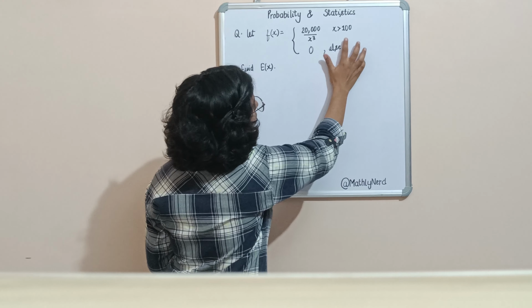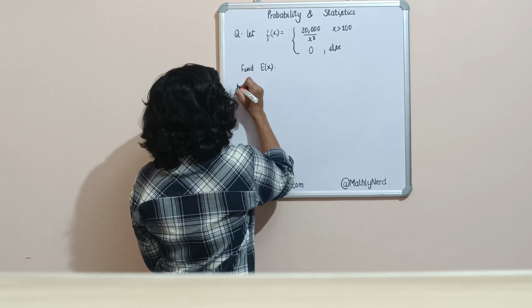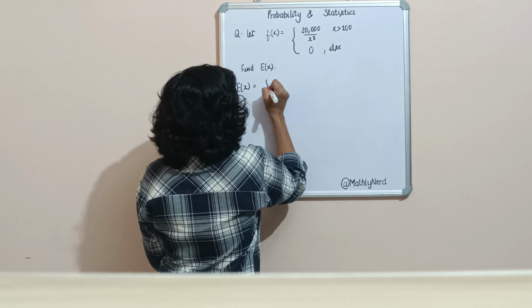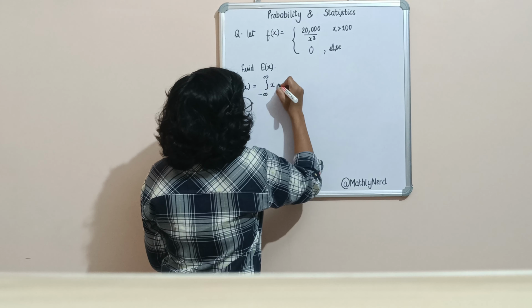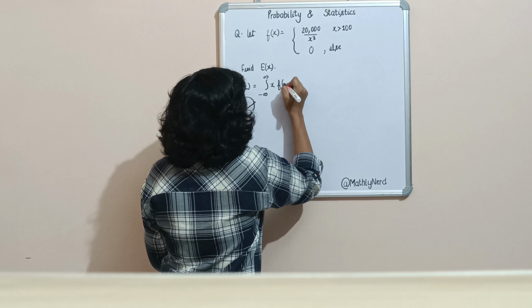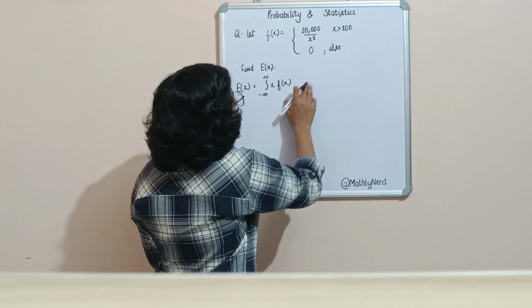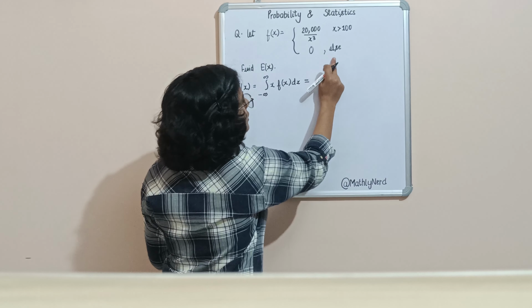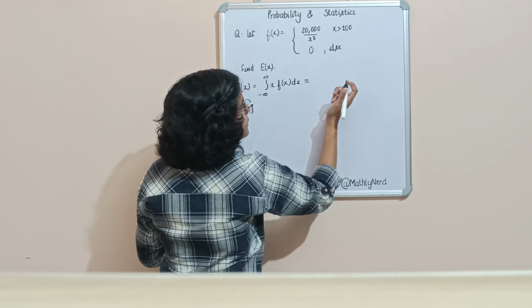As we know, this is a continuous random variable, and for a continuous random variable, E of x equals integration from minus infinity to infinity of x times f of x dx. Now we have two intervals: first x less than 100 and second x greater than 100.